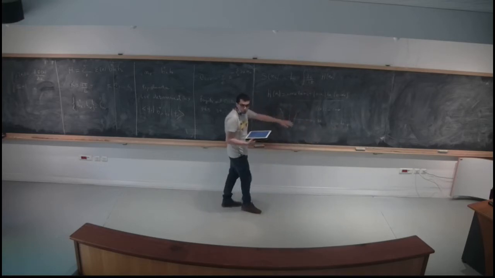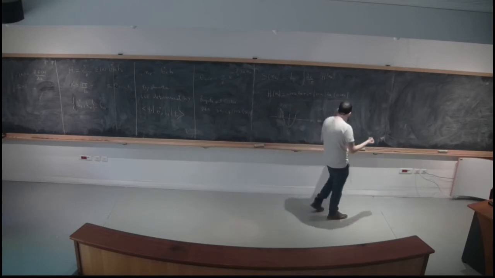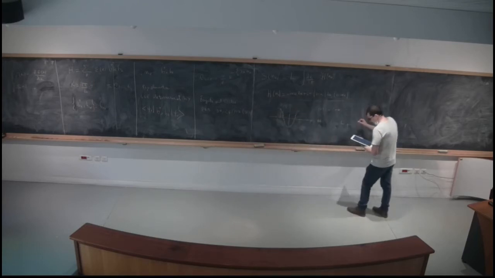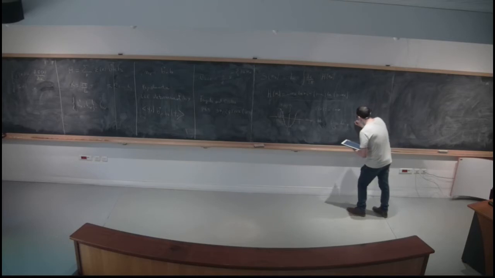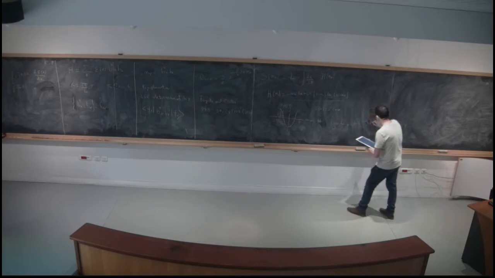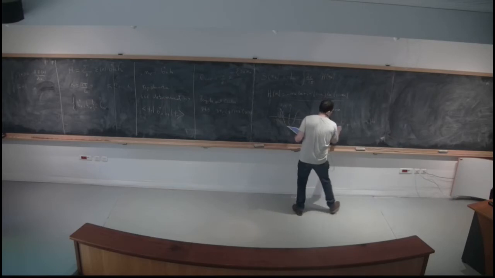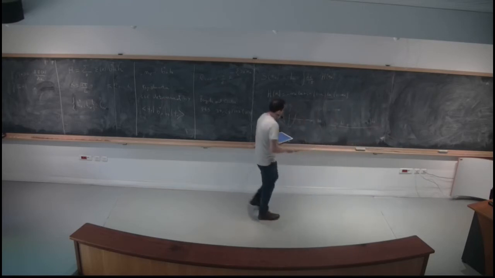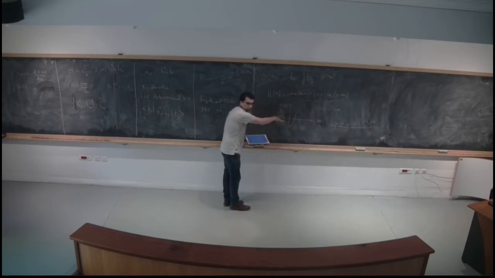Then you have also the holes, but for free fermions, the holes and particles are related. So you have 1 minus n of k dk. This is the total number of spots that you can occupy.